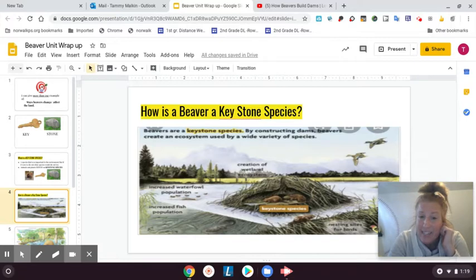Other mammals like deer and raccoons come to the pond to drink the water and to eat the fish. Birds lay their eggs in the nests from all of the twigs and the sticks that have accumulated all around the wetland area. So these ponds really do create a whole entire new ecosystem or habitat.